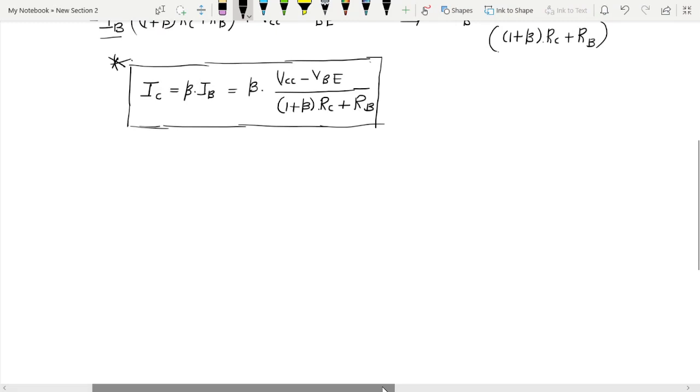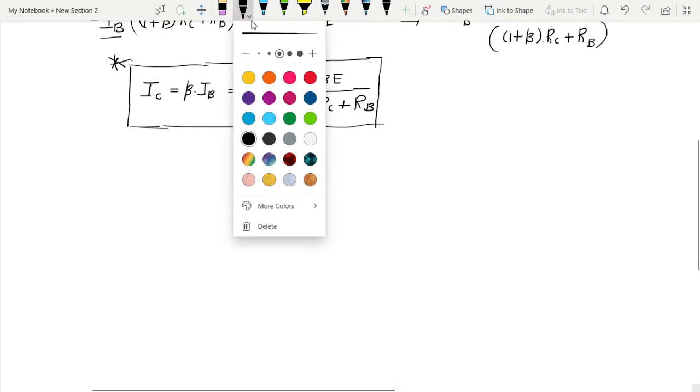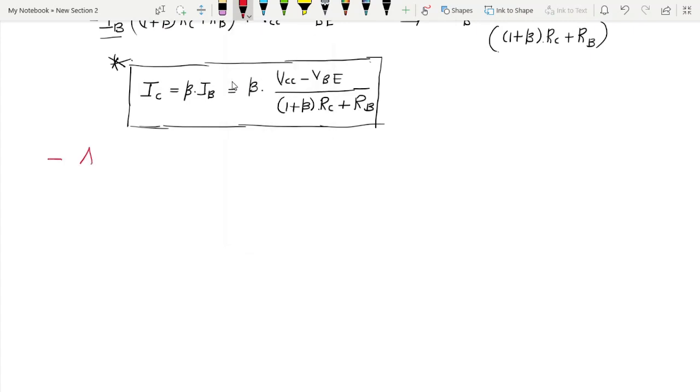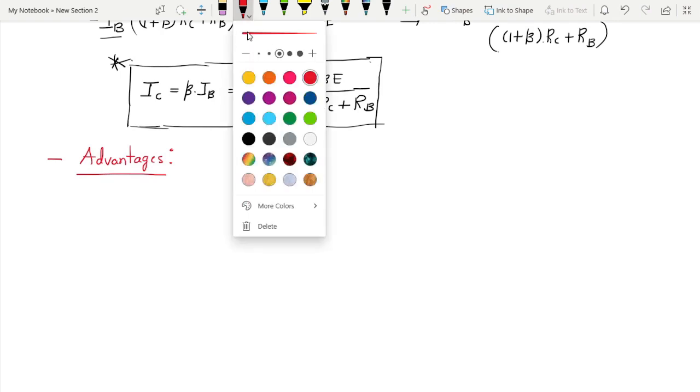First, look at the advantages. Generally you know that we have some advantages.